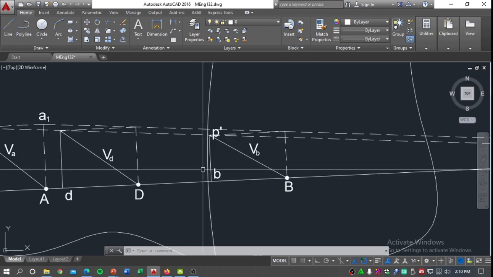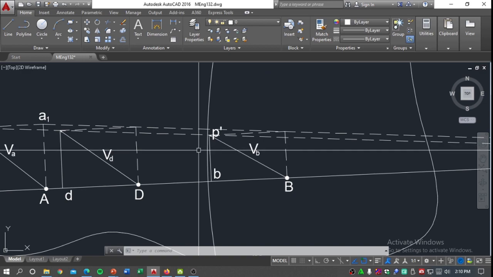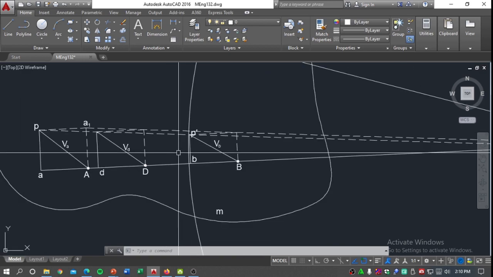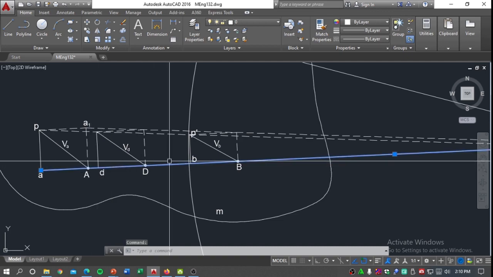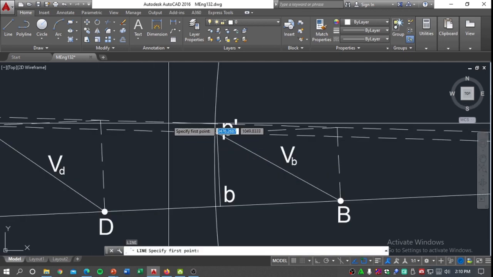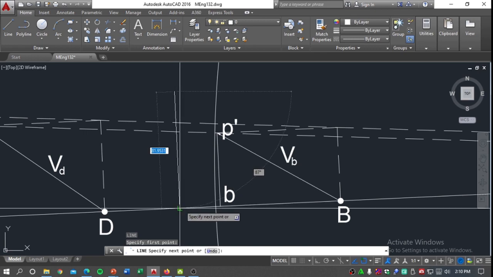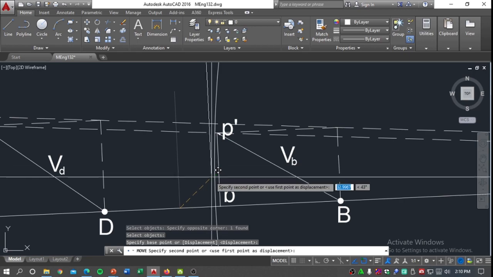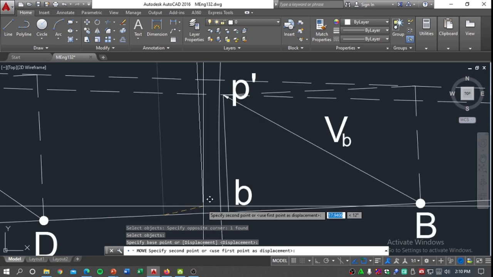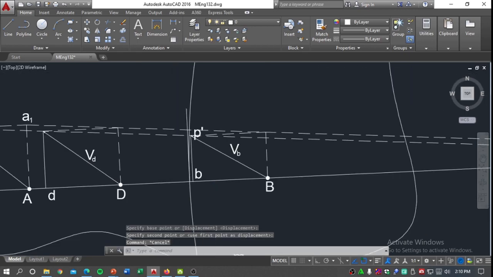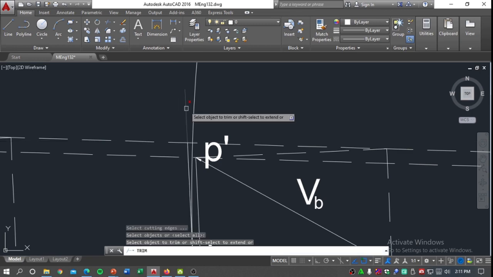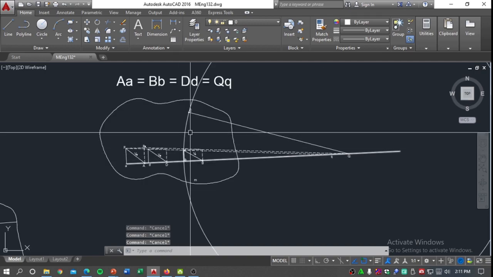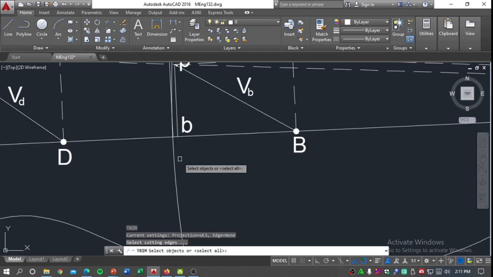Okay, so what we're going to do is obtain the component of velocity C by drawing a line perpendicular to this line AB, connecting line AB. So draw a line perpendicular. So this is now a perpendicular line to this. So we have to move this to the point of intersection. So we just obtained it.